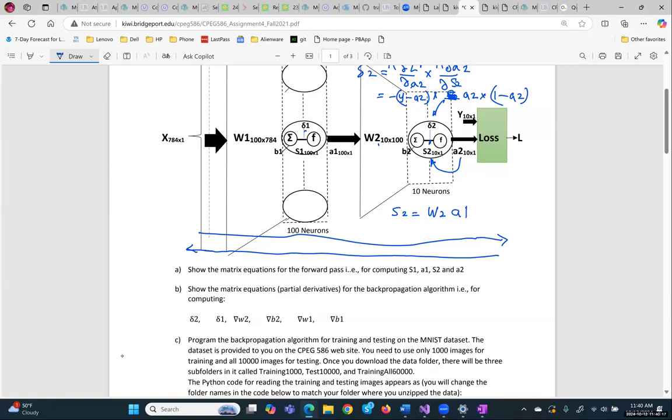Is this proper from a matrix point of view? What is the size of W2? This is 10 by 100. What is the size of A1?